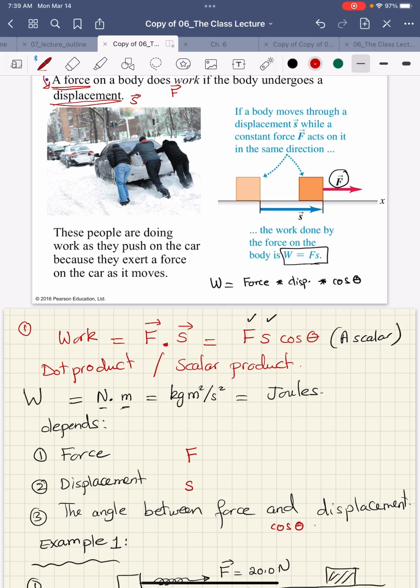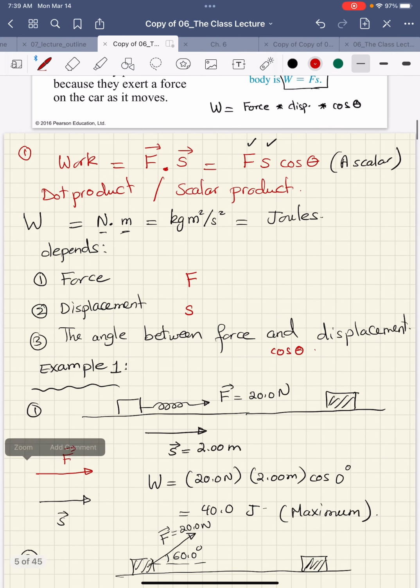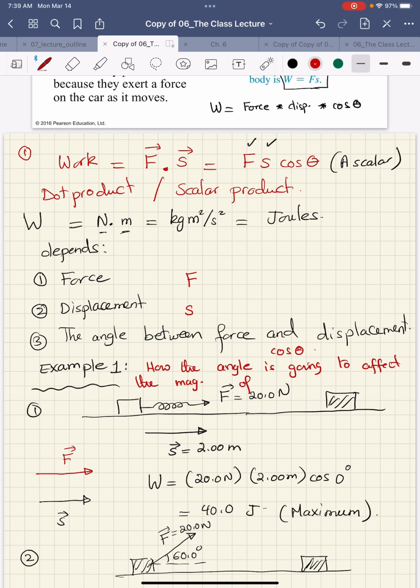In the common examples, these are short thought experiments that I'm going to move you through, like how the angle is going to affect the magnitude of work.